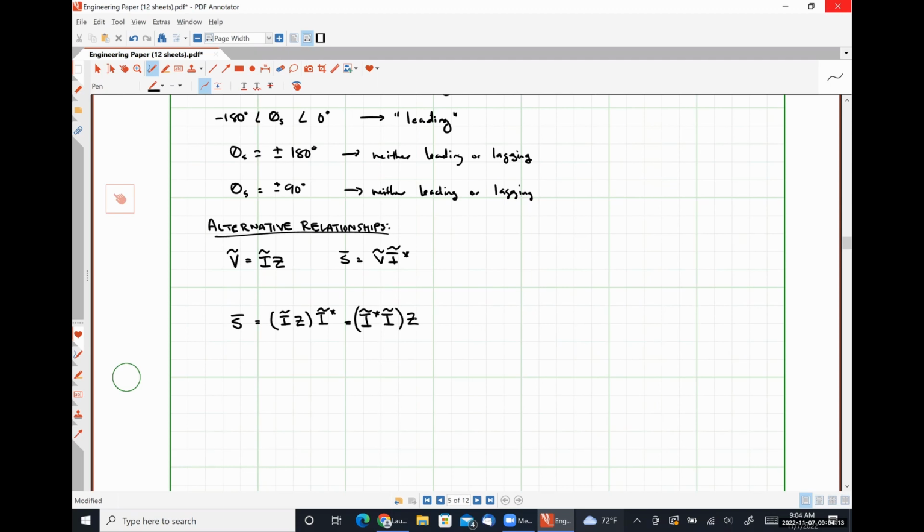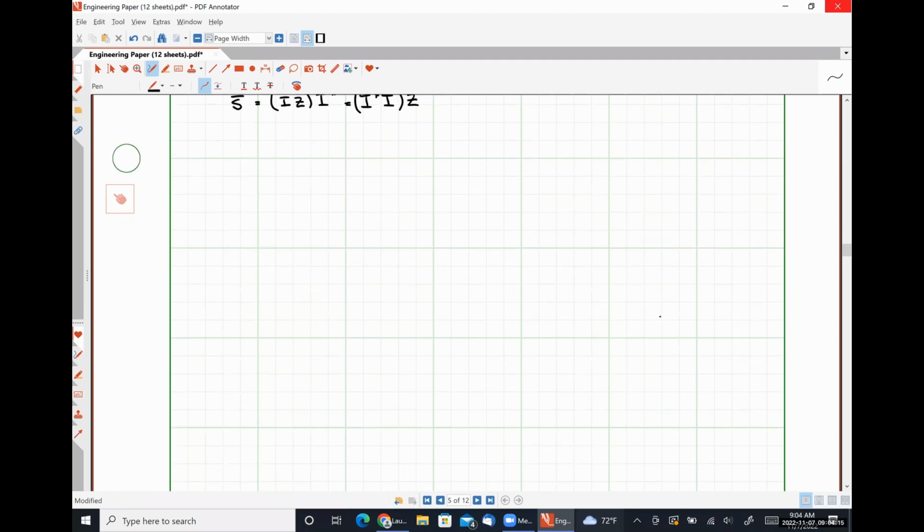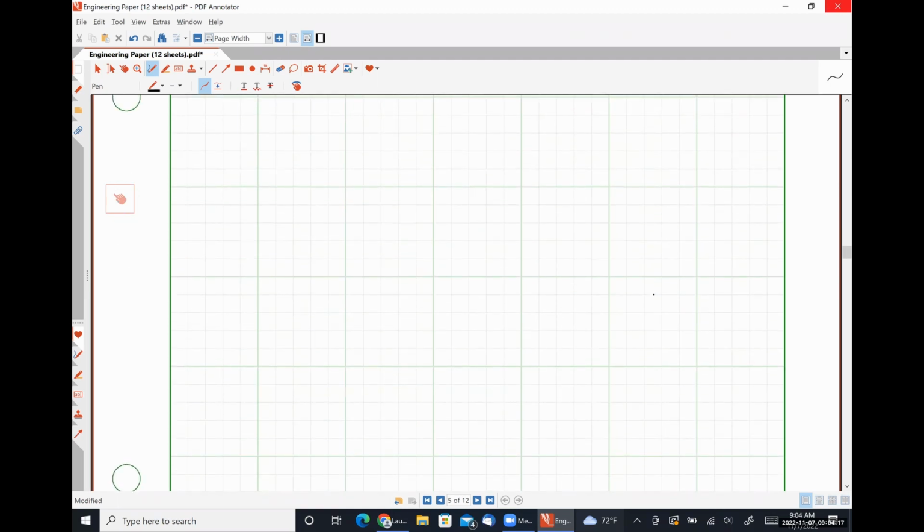Okay, so it's not the real part. So let's scroll down here and figure it out. If I have a complex number A that is equal to the magnitude of A angle theta A, then A conjugate is going to be the magnitude of A angle negative theta A, right?